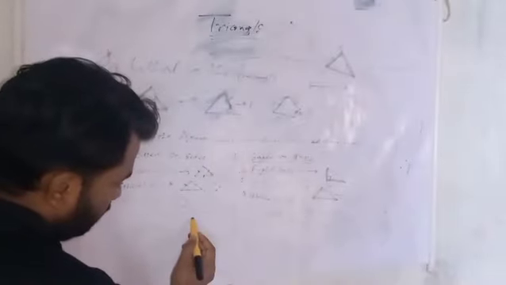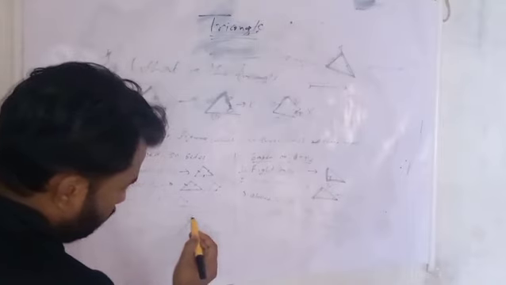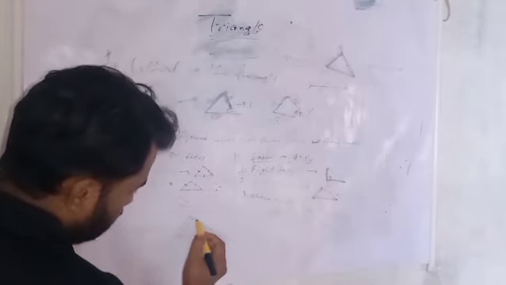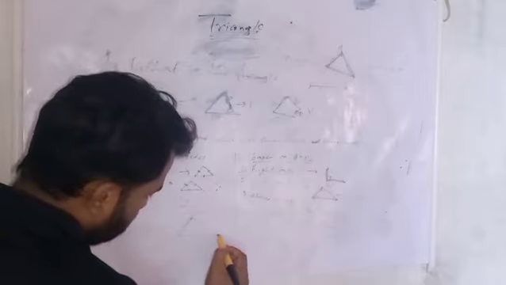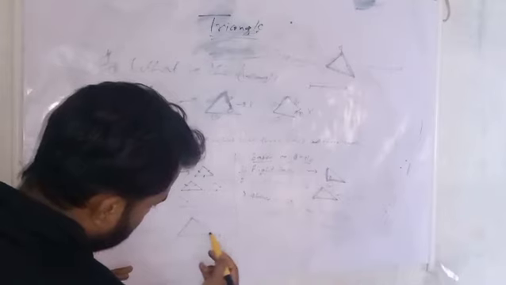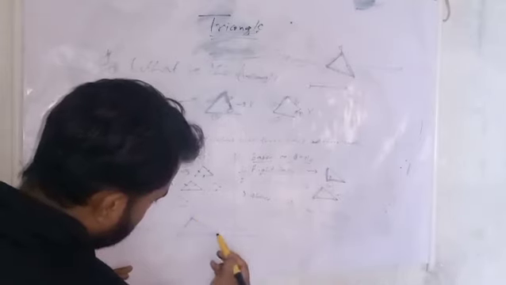I have taught you the perimeter, the length from point A to B, B to C, C to A. The length of the outside of this triangle is known as the perimeter, but the whole area of the triangle is known as the area of the triangle.